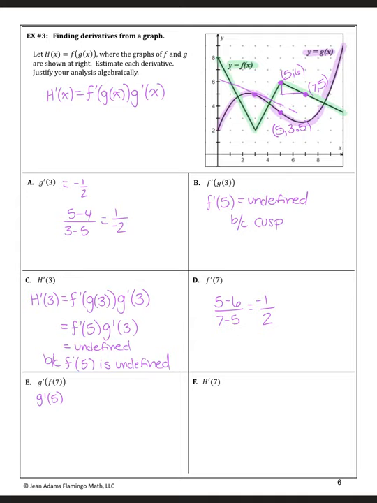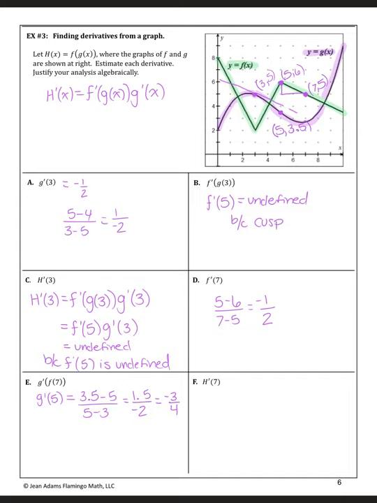I'm going to go ahead and use this other point here, which is 3, 5. So if I were to use my slope formula, 3.5 minus 5 over 5 minus 3, you would get 1.5 over -2, which turns out to -3/4. Okay, so that would be the slope of the tangent line at 5.